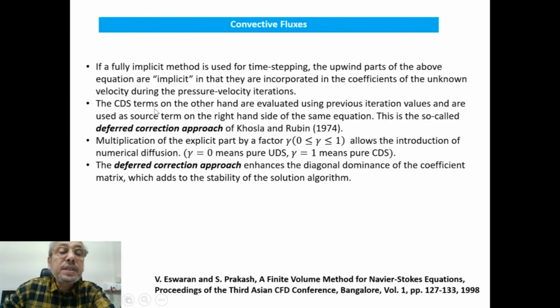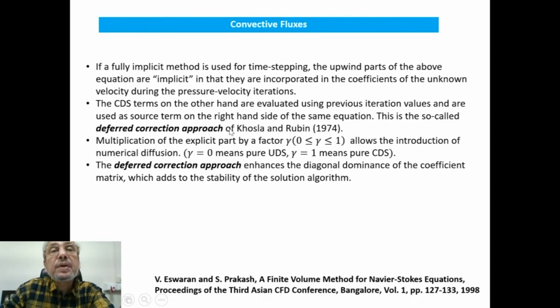The central difference terms, on the other hand, are evaluated using previous iteration values and are used as source term on the right hand side of the same equation. This is the so-called deferred correction approach.